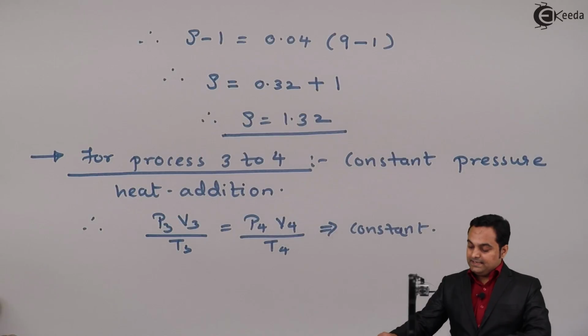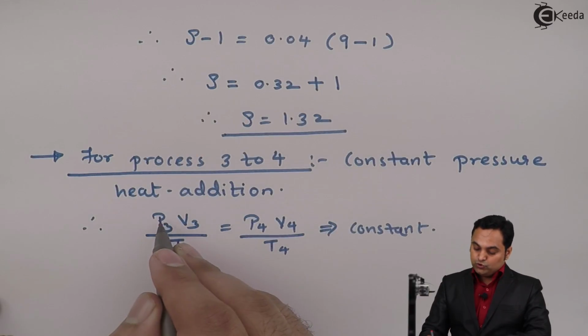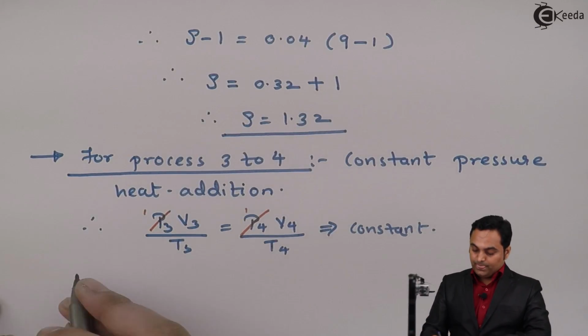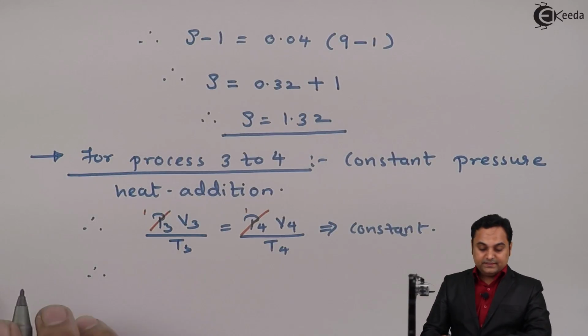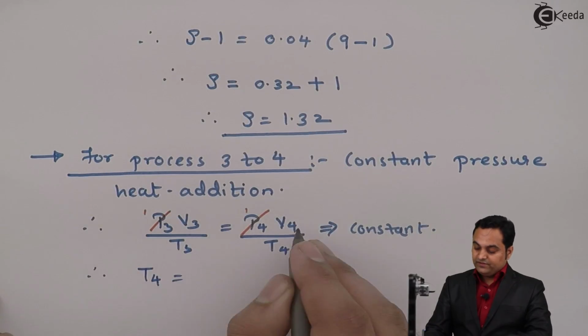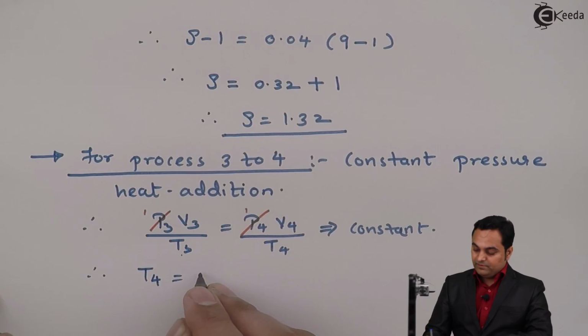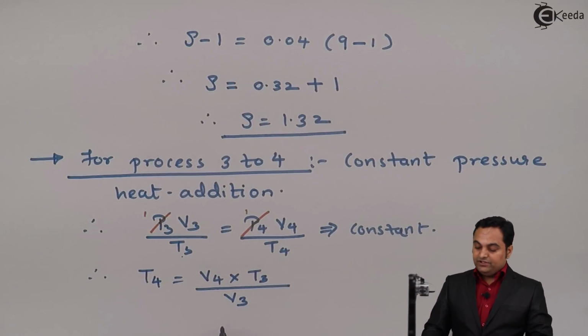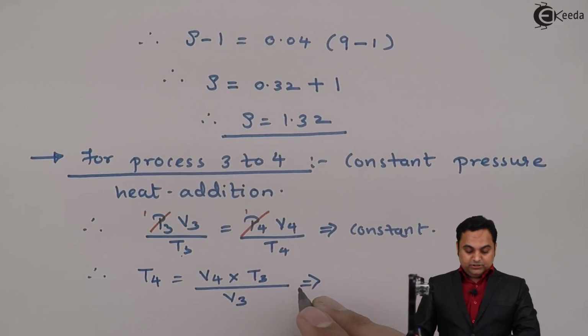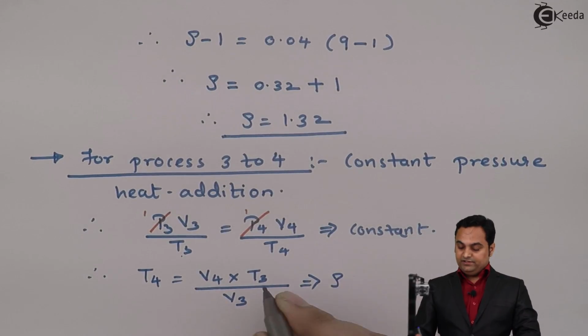Now, as the pressure is constant here, P3 and P4 will get cancelled out from both sides. Therefore, I'll shift T4 to the left hand side. Here we have V4, T3 will be multiplied, so V4 into T3 divided by V3. V4 upon V3 is nothing but rho, the fuel cutoff ratio we have seen, into T3.